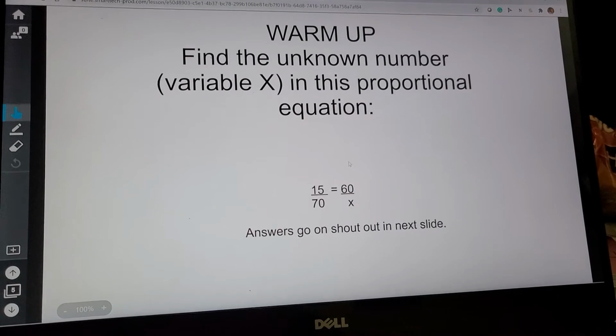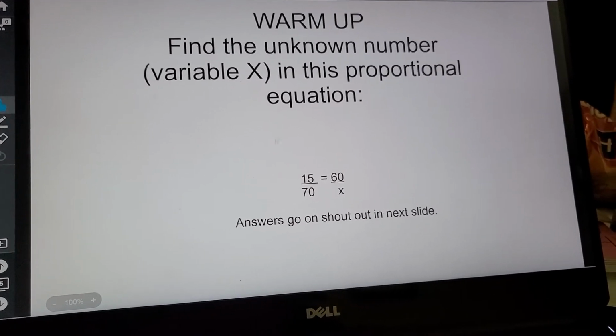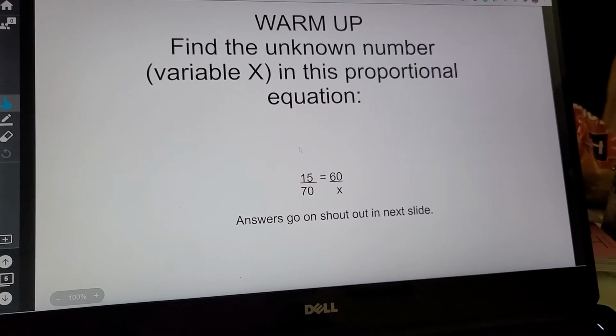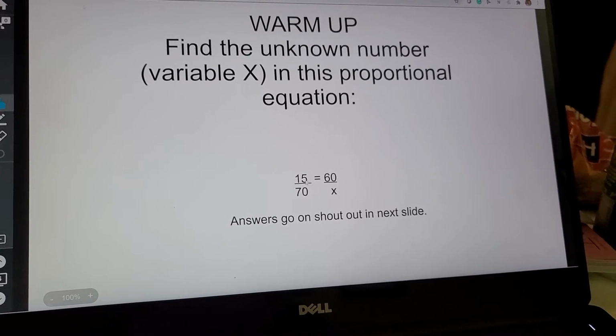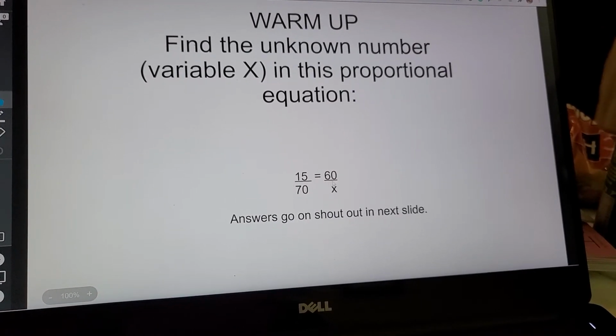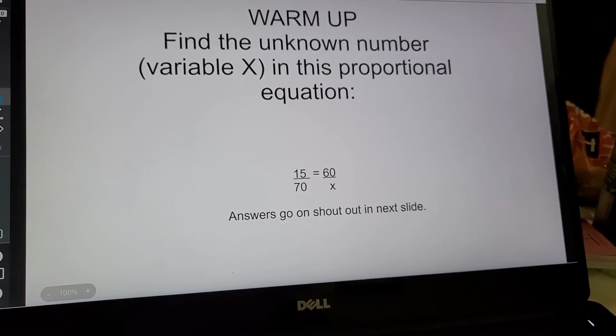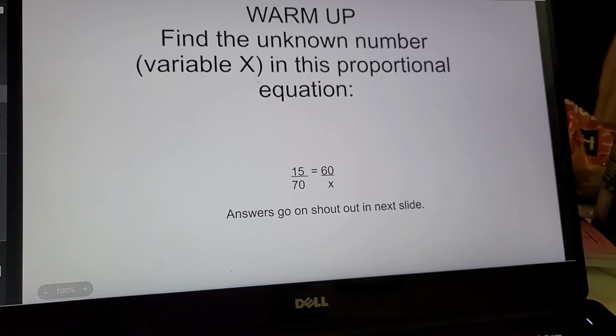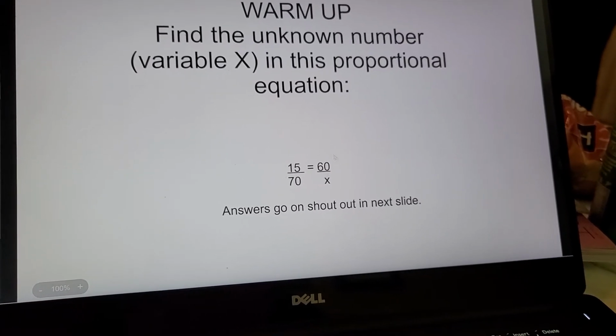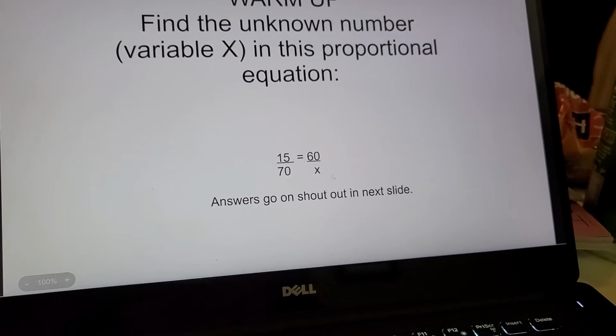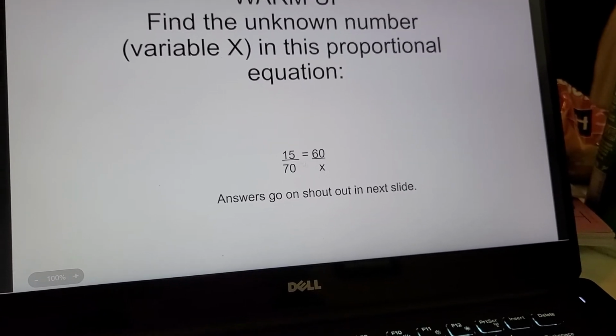Then this right here was a warm-up for the honors class for math, which was 15/70 equals 60/x. Find the unknown number, variable x, in this proportional equation. So we have to make this an equivalent fraction.